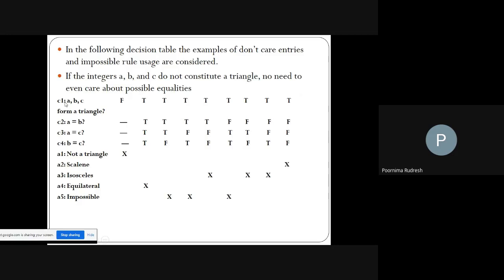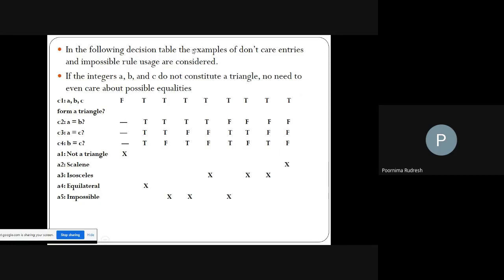The first condition is whether the ABC values form a triangle. In the previous testing methods, if it was yes, it would display the message that the triangle can be constructed and what type of triangle it is, as represented in the previous chapters.